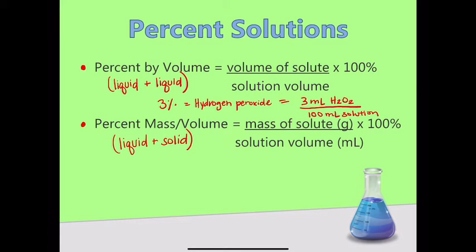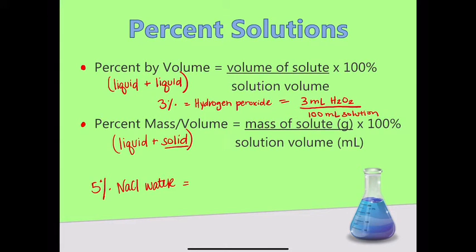Now, let's talk about if we have a solid, for example. Maybe you're making a saltwater solution. If you were making a 5% saltwater solution, sometimes they'll tell you to use a 5% saltwater solution to gargle with, or to clean your braces or something.